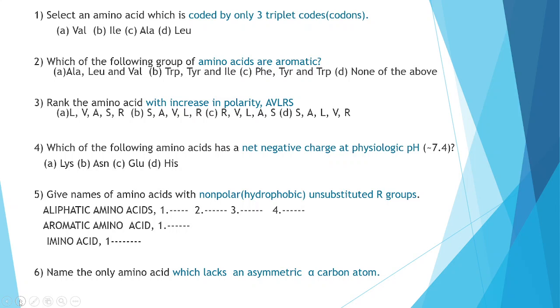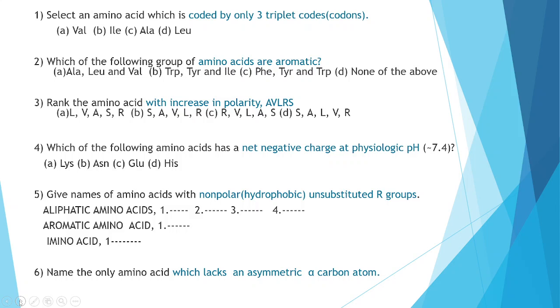AVLRS is the abbreviation or single letter codes for various amino acids, and you need to find out the increase in polarity among these amino acids. Again, there are 4 options, and you try this on your own, then I will give you its answer.